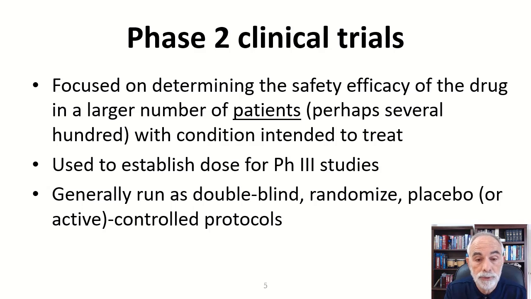That's very important. Randomized means that as the people are recruited for the study, which ones go to the placebo and which ones go to the active drug is a random process.